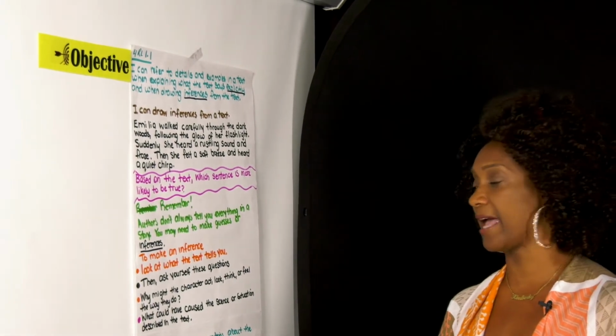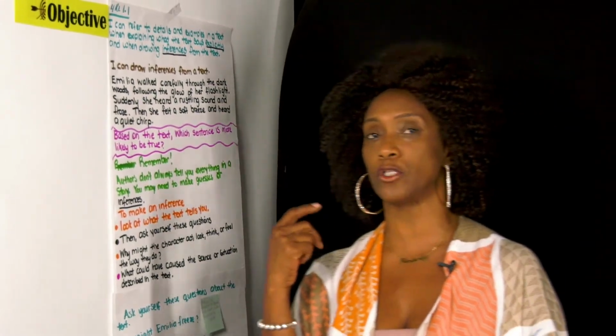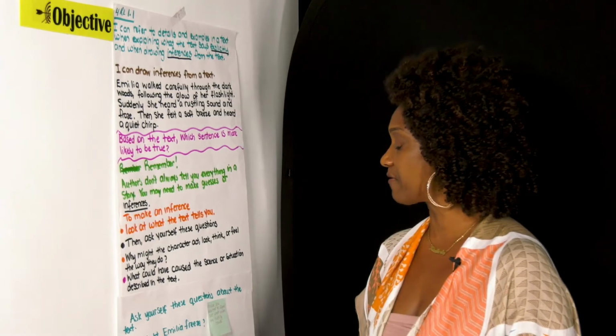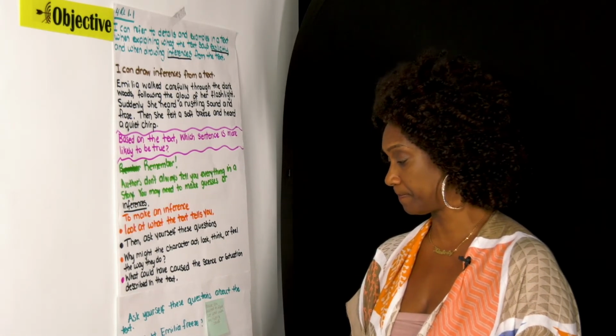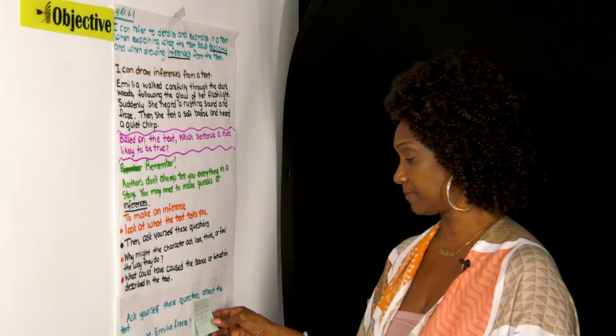Why might the character act, look, think, or feel the way they do? When you're asking yourself those questions, you're trying to relate to what's going on and what you know about what the character is doing. What could have caused the scene or situation described in the text? Ask yourself these questions about the text.